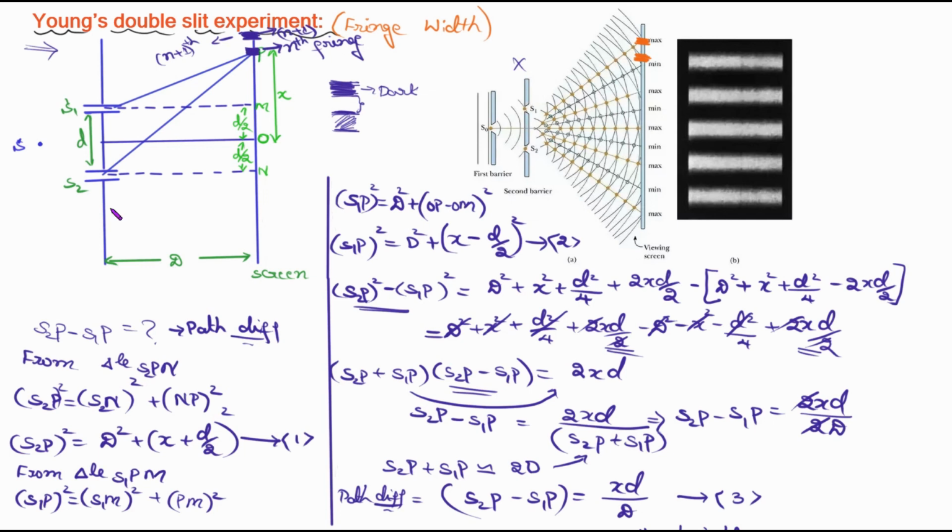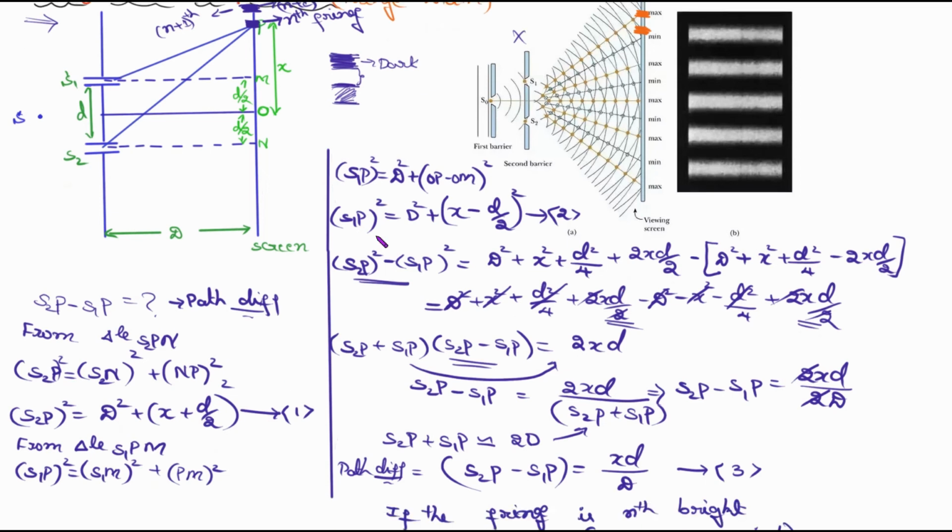What we need is the path difference between these two waves, which means we need S2P minus S1P. For this, using Pythagoras, you get the S2P square and S1P square values. Okay, after that, using mathematical solving steps we will reach S2P minus S1P.